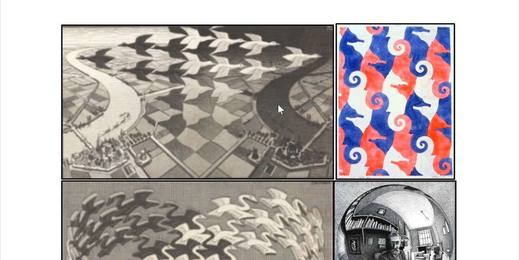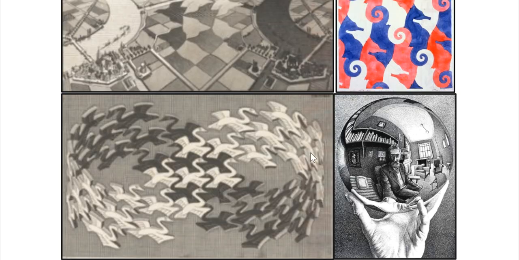Okay, this is a modification of a tessellation. Here's an example of what's actually a tessellation using seahorses, where we take one figure that tiles the plane. Here is a sort of tessellated Mobius strip.